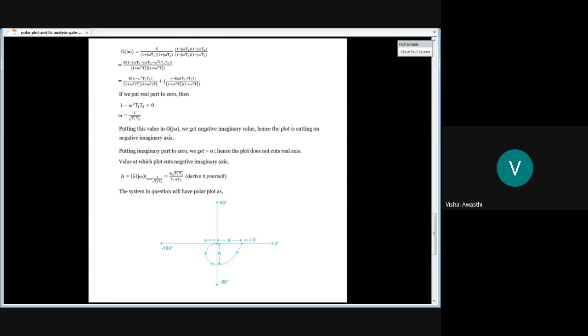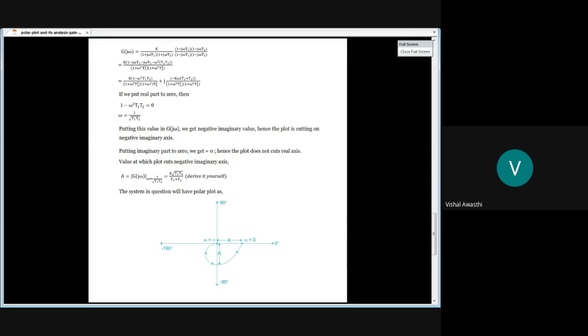You can see on your screen, you have multiplied 1 minus j omega T1 and 1 minus j omega T2 in the numerator as well as the denominator. After simplification, you will get a real part as well as an imaginary part. Of course, this is a slight mathematical calculation which will consume some time, but the cutting point is very much required to get the stability.